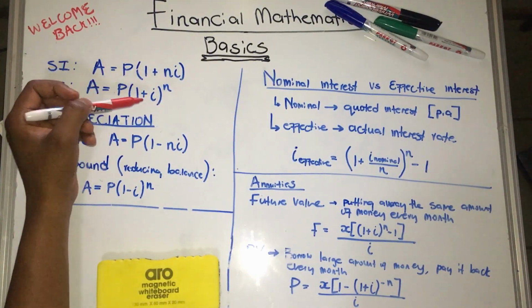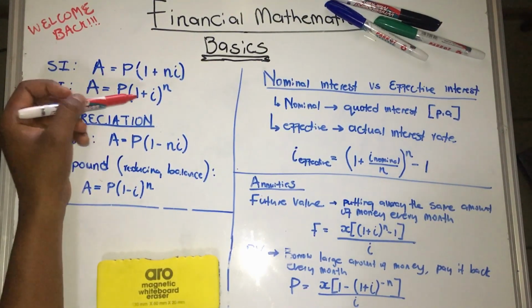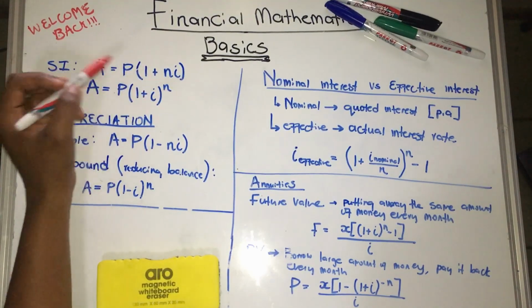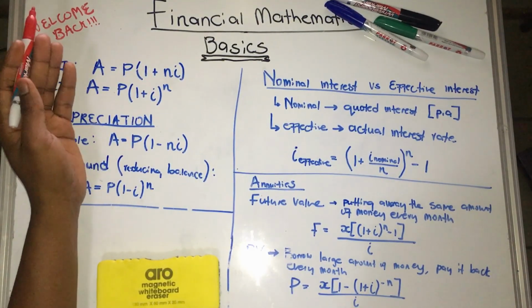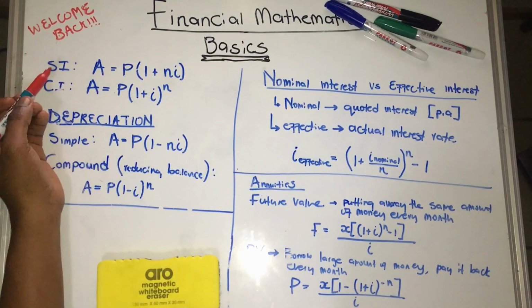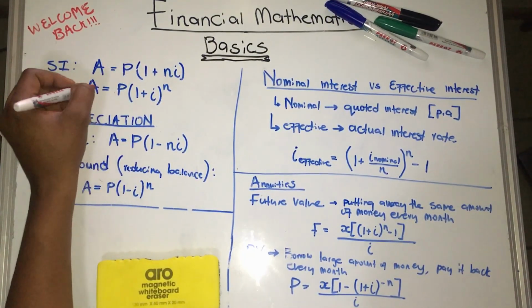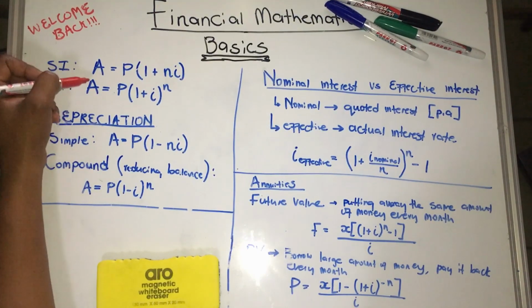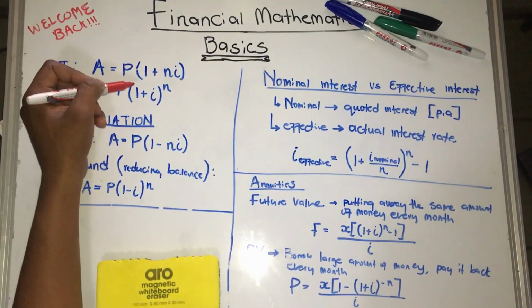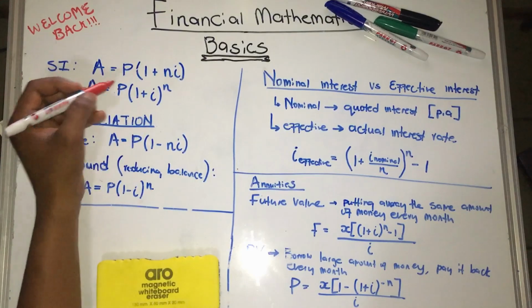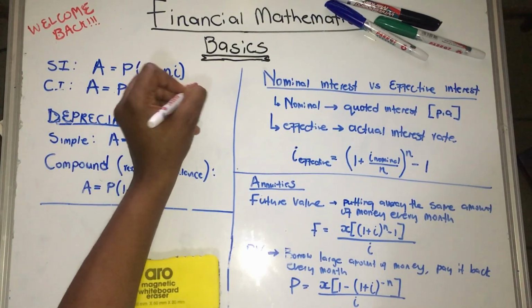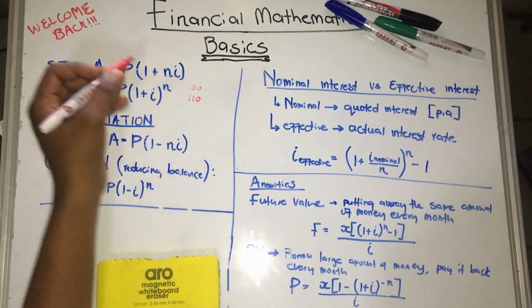So for example, if you're borrowing 100 rand again, and you charge 10% per annum, and you're borrowing it for 2 years, at the end of year 1, your final amount is going to be the amount you have borrowed plus the 10%. So if you borrowed 100 rands, that's going to be 110.